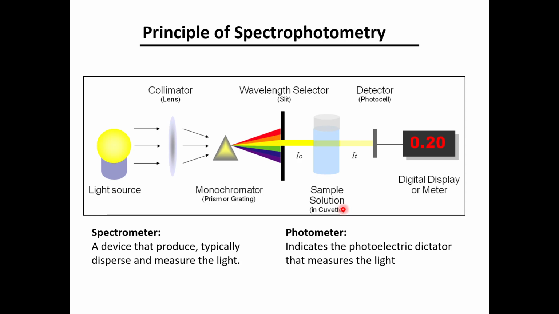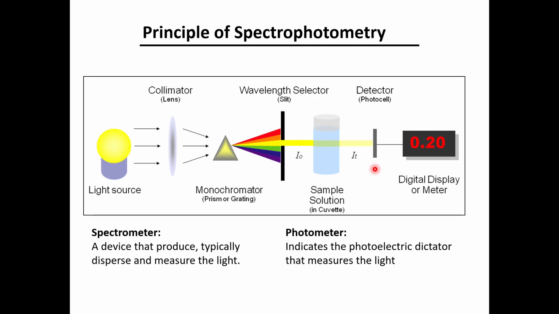So the basic principle of spectrophotometry are the incidence of light source, then use of collimator such as a lens, and then monochromator in the form of prism or grating substance, and then wavelength selector, and then we have to pass this selected beam of light over our sample, and then after passing the sample the detector is used to amplify the signal and fed to system for analysis.